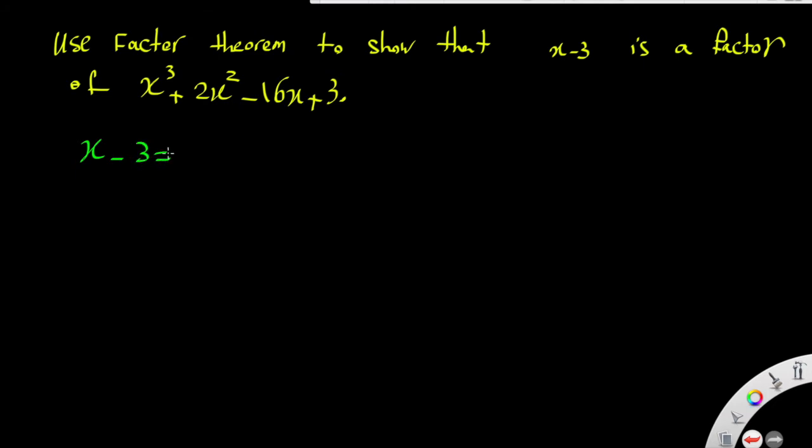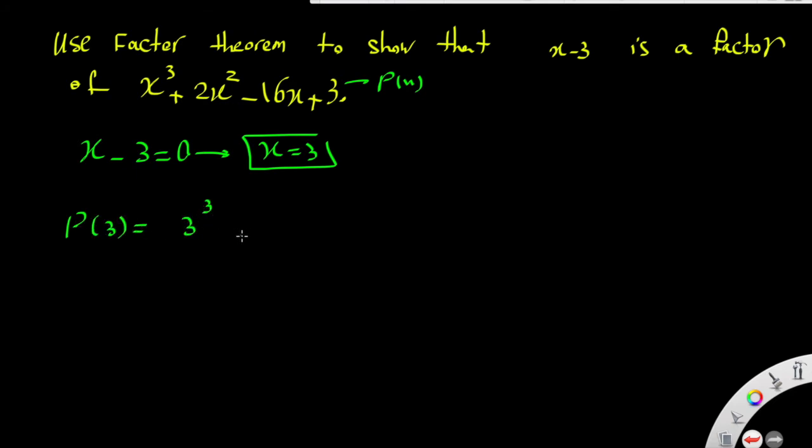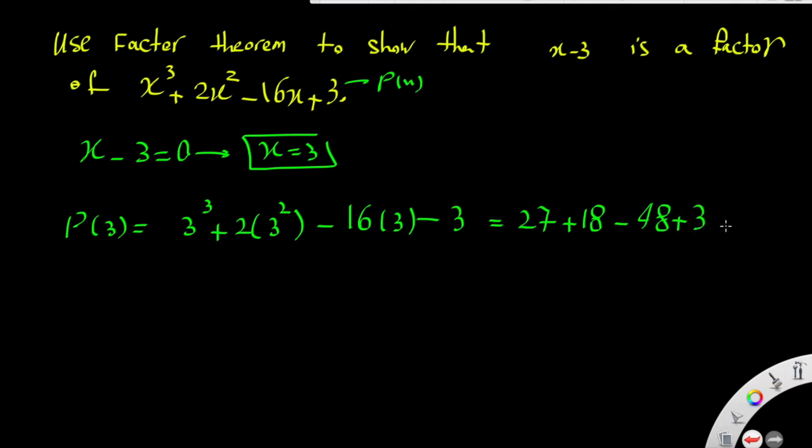I first find the root of the divisor, so x will be 3. Then I replace it here. I label the polynomial p of x. So I find p of 3, which is equal to 3 cubed plus 2 times 3 squared minus 16 times 3 plus 3, which is equal to 27 plus 18 minus 48 plus 3, which is 0.